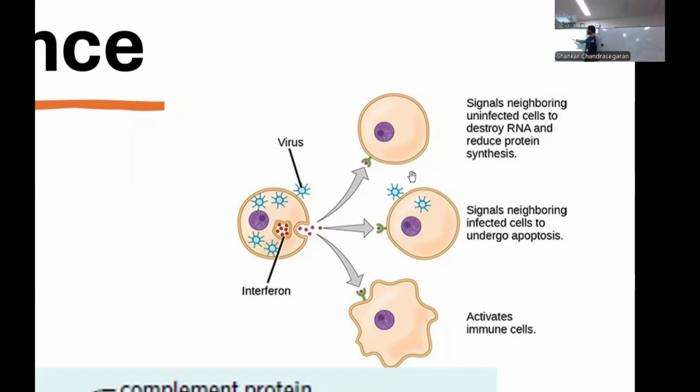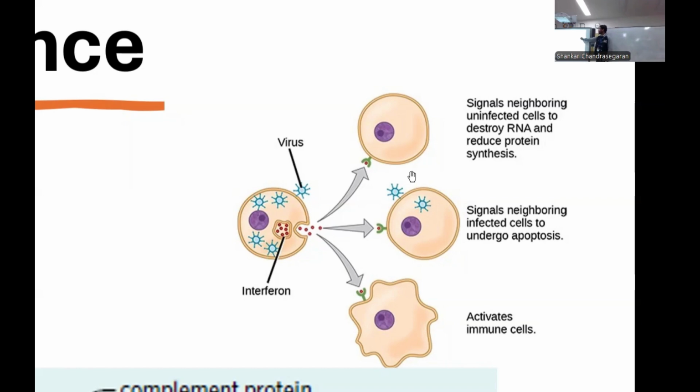When those interferons are exposed to different neighboring cells, there are three things that can happen. One, it signals the neighboring unaffected cells to destroy RNA and reduce protein synthesis. Why is this important? Because the virus controls the cell by making RNA and controlling its protein synthesis.